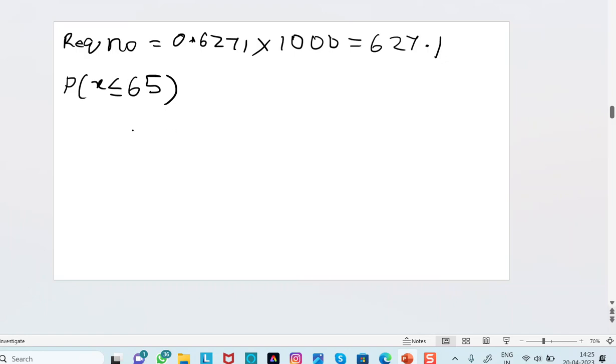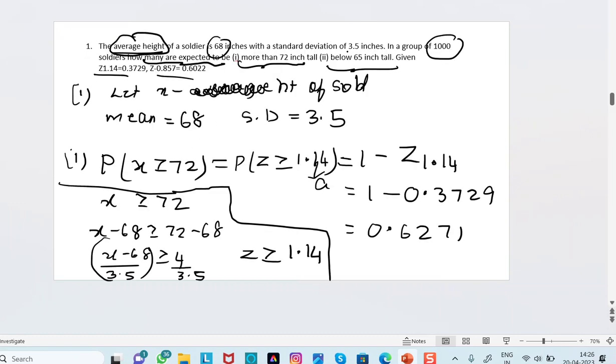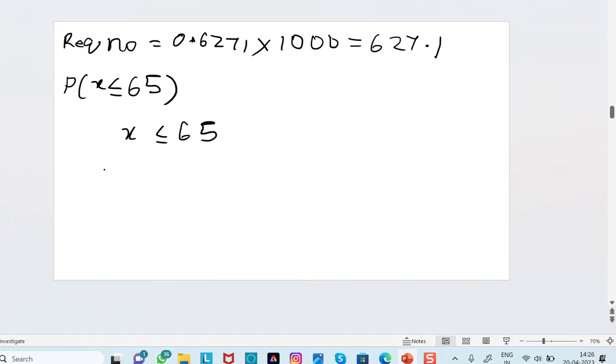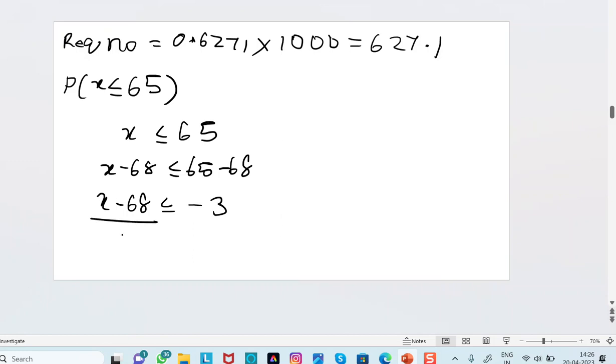To convert X to Z, we take X less than or equal to 65, subtract the mean from it, the mean is 68, standard deviation 3.5. So X minus 68, 65 minus 68, X minus 68 less than or equal to minus 3, divided by 3.5.